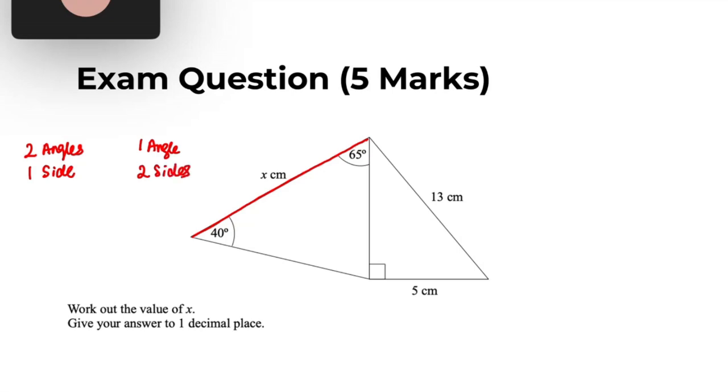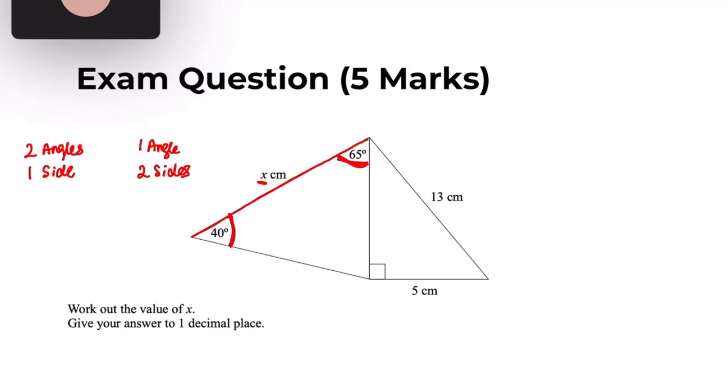In this scenario, we have two angles, 40 degrees and 65 degrees, but zero sides. We don't know the length of x.